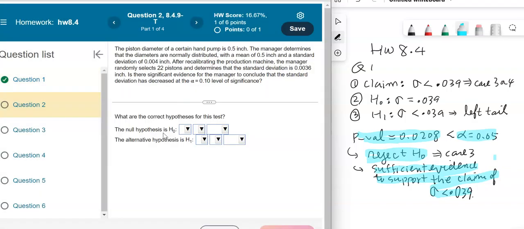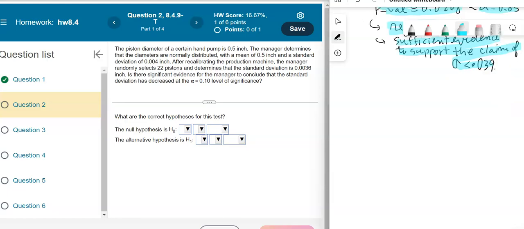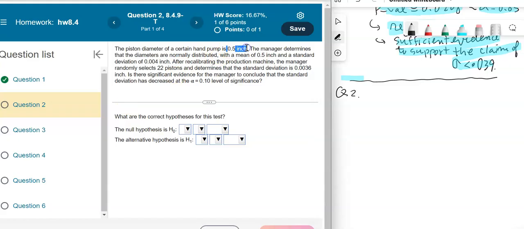Okay, let's look at question number 2. Question number 2 says the piston diameter of a certain hand pump is 0.5. The manager determines that the diameters are normally distributed with a mean of 0.5 and standard deviation of 0.004.